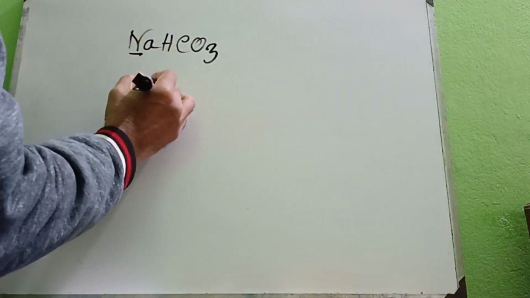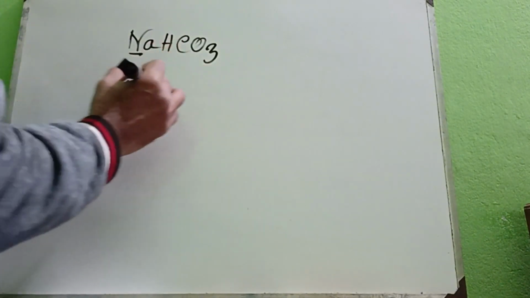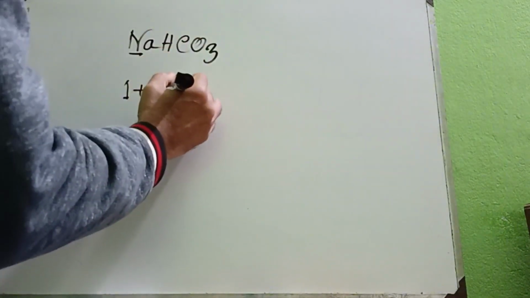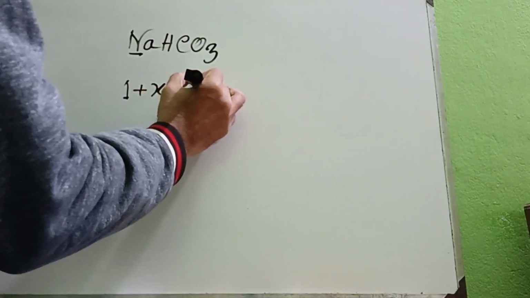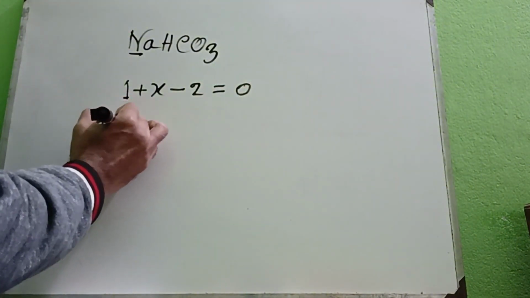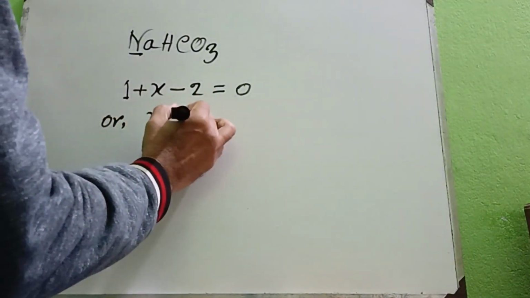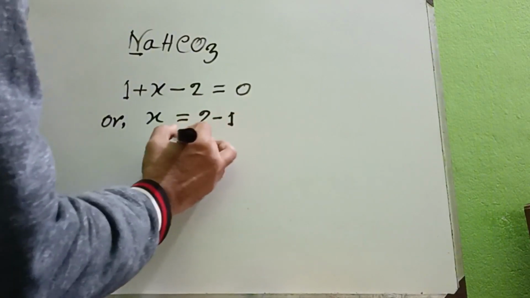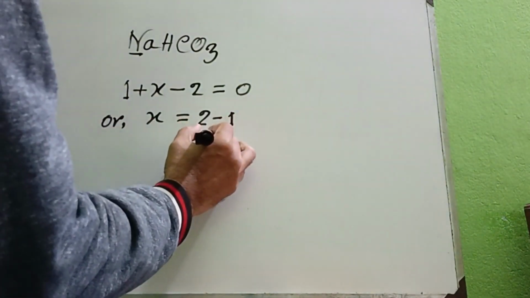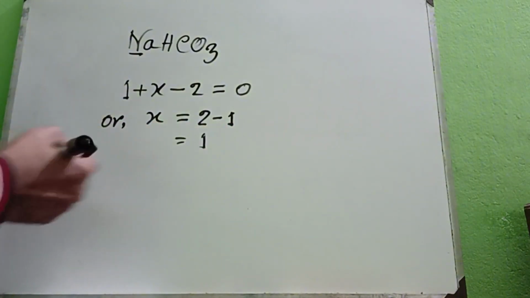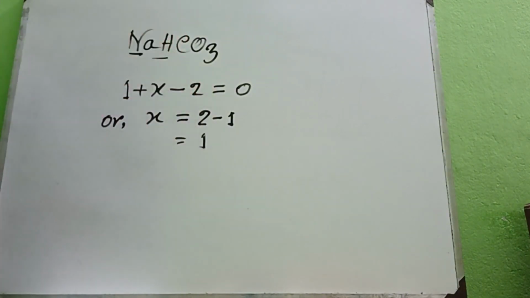Then instead of hydrogen, I write X plus X. Carbonate, valency of carbonate -2 equals to 0, or X equals to 2 minus 1 equals to 1, positive 1. That means valency of hydrogen equals to positive 1.